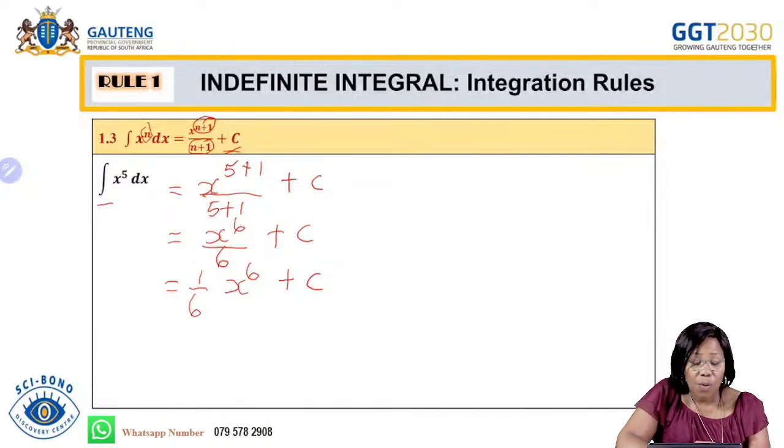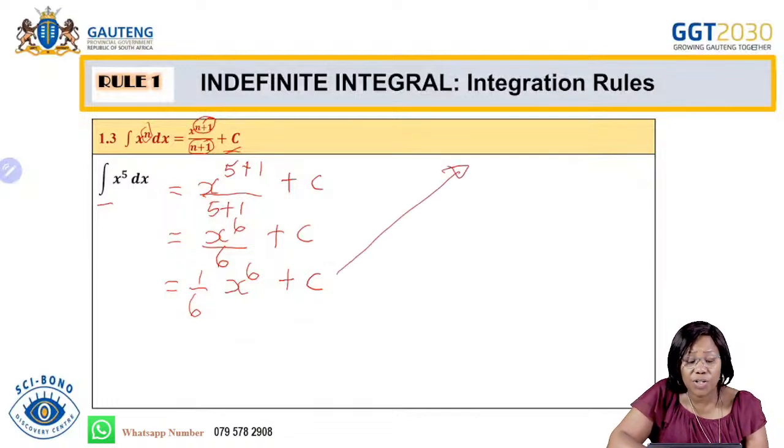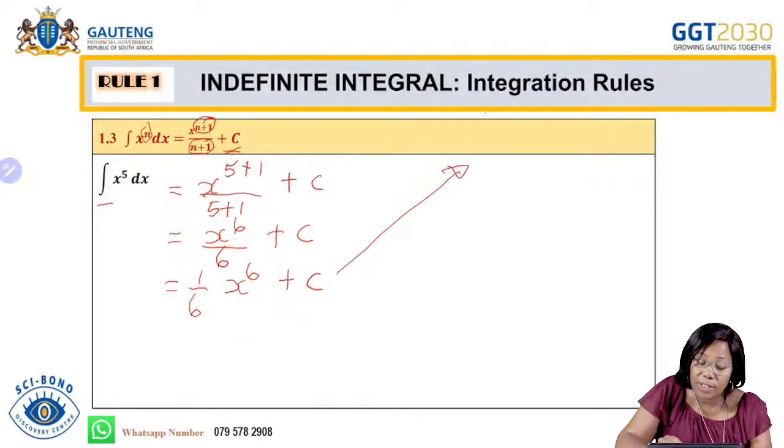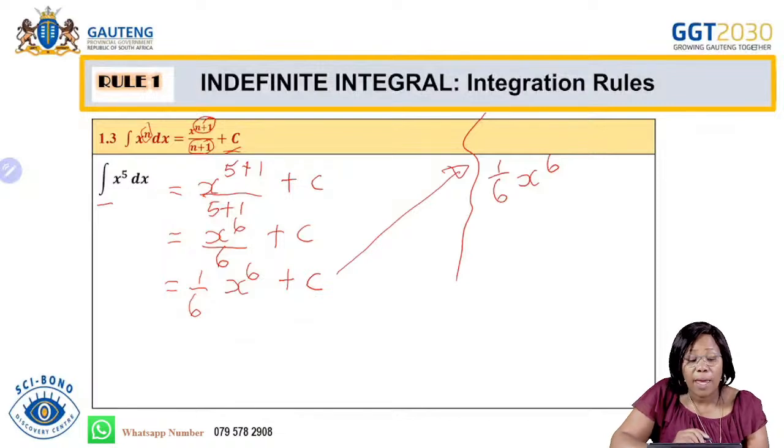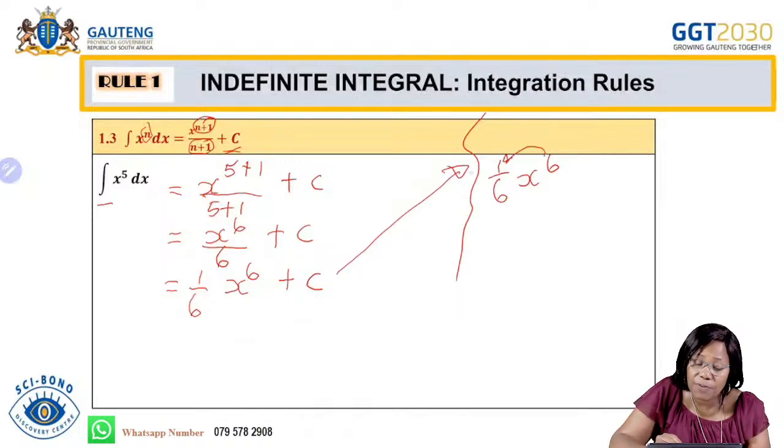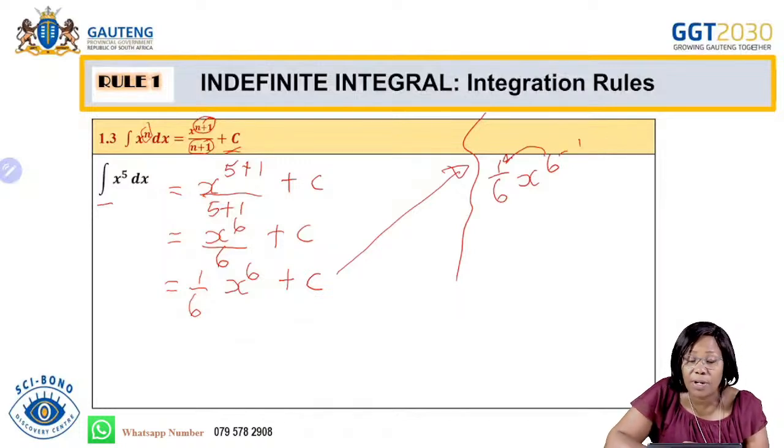And grade 12, why are we saying this is the reverse of the integration? Remember, the value that we are having here is 1 over 6 x to the power 6 as our expression, and when we apply the differentiation rule, it says 6 times the coefficient and then you subtract 1 from the exponent.